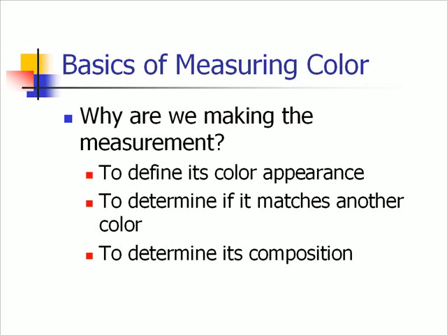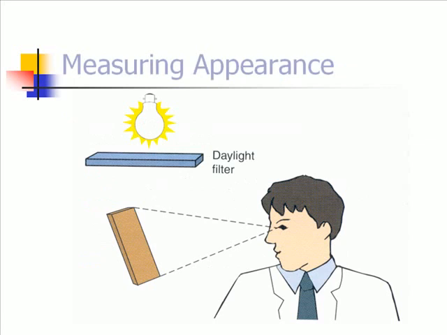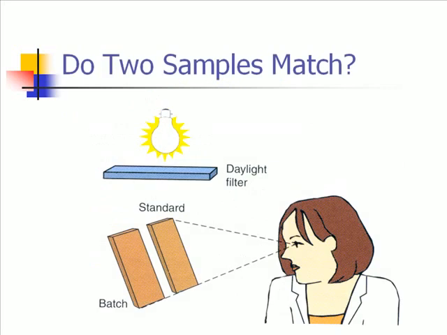Showed this before. Do 2 samples match? You have to have your 2 samples. And the best way to determine a color's composition is to use a spectrophotometer and look at the curve. The curve can be very useful to us for determining which colorants are used to make up that sample.